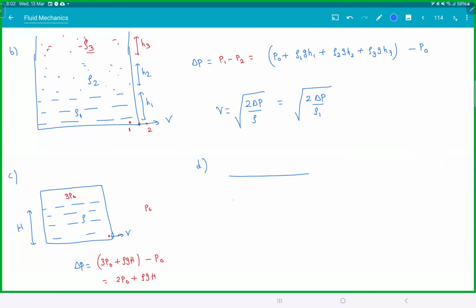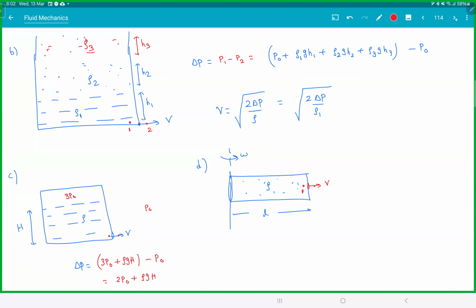Suppose I ask you this question: remember this cylinder rotating with omega, liquid here of density rho, length L, and let's say someone made a small hole here and the liquid is coming out with V. Here, what will we take? Remember the formula for pressure in a rotating cylinder?